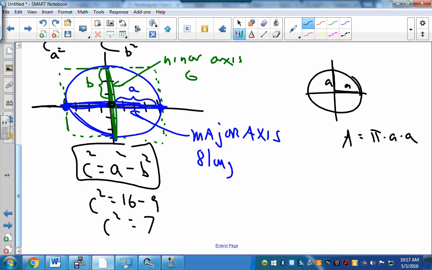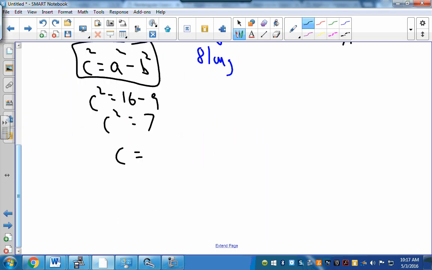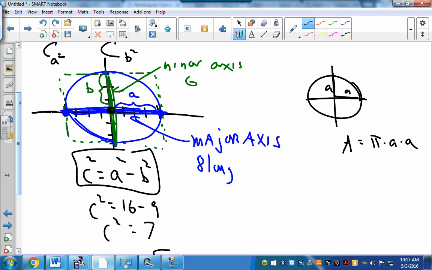So C is the square root of 7. I'm thinking of it as a distance. I'm not going to do plus or minus. If you want to do a directed distance, you can do plus or minus. That's how far away from the center you go to put your focus point. Give me an approximation of the square root of 7. 2.5, some number between.